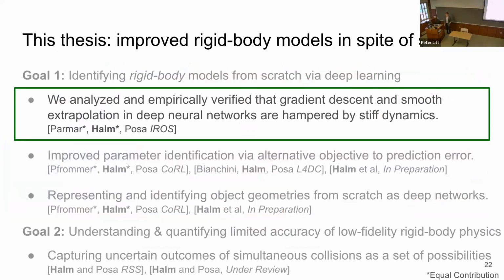So what we've done so far is analyze why deep neural networks might be hampered by stiff dynamics. Now we're going to move towards developing solutions where we can combine physical and learned principles into an effective model identification procedure.